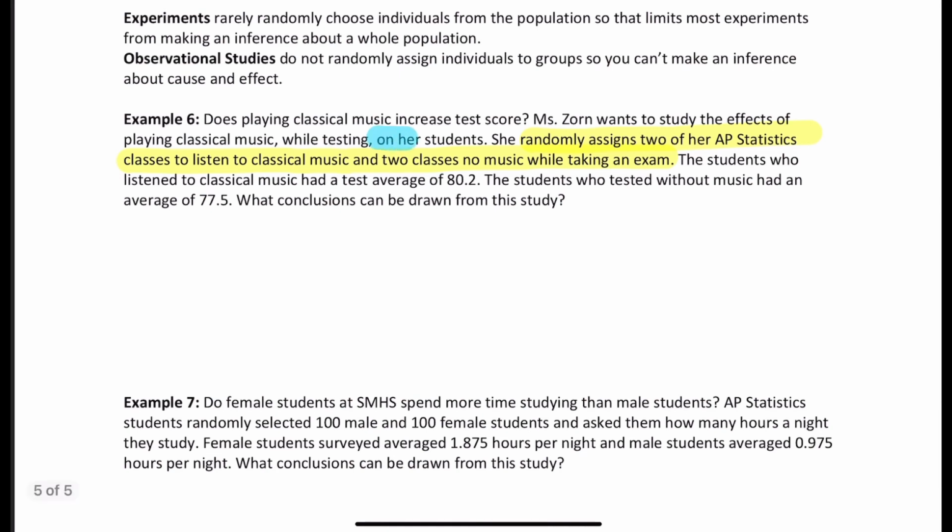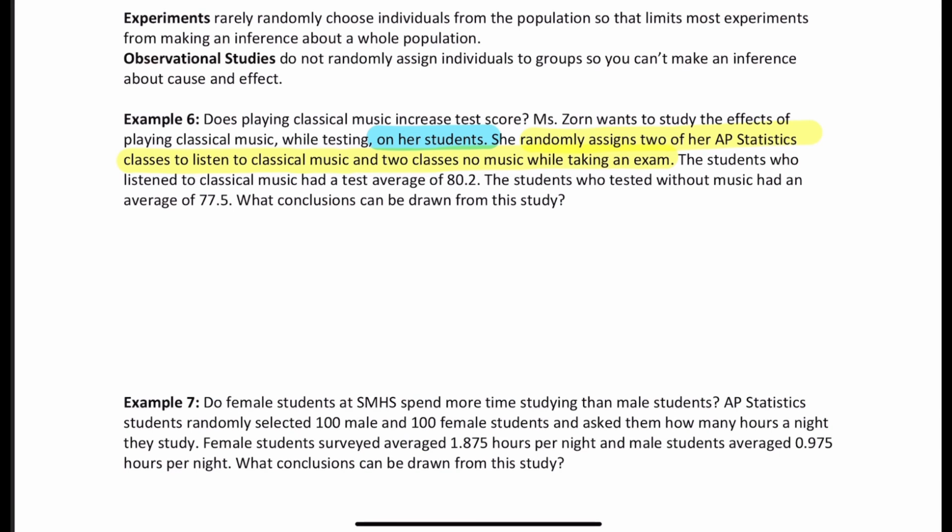And the fact that I'm using my students is important. The students who listened to classical music had a test average of 80.2, and those who didn't had an average of 77.5.